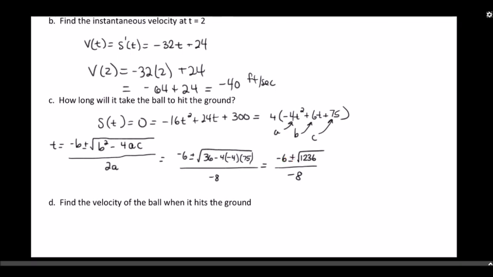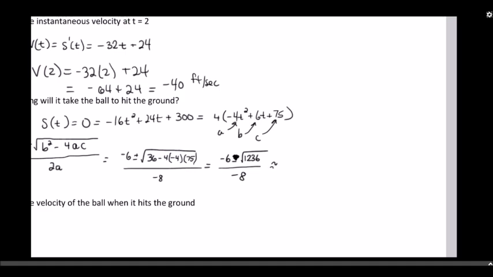If I divide that by negative 8, I'm going to get a negative value. So I actually just want the negative 6 minus the square root of 1236. Remember, the square root of 1236 was about 35. So negative 6 minus 35 is about negative 41. Negative 41 divided by negative 8 is going to give me a positive value, because a negative divided by a negative is a positive.